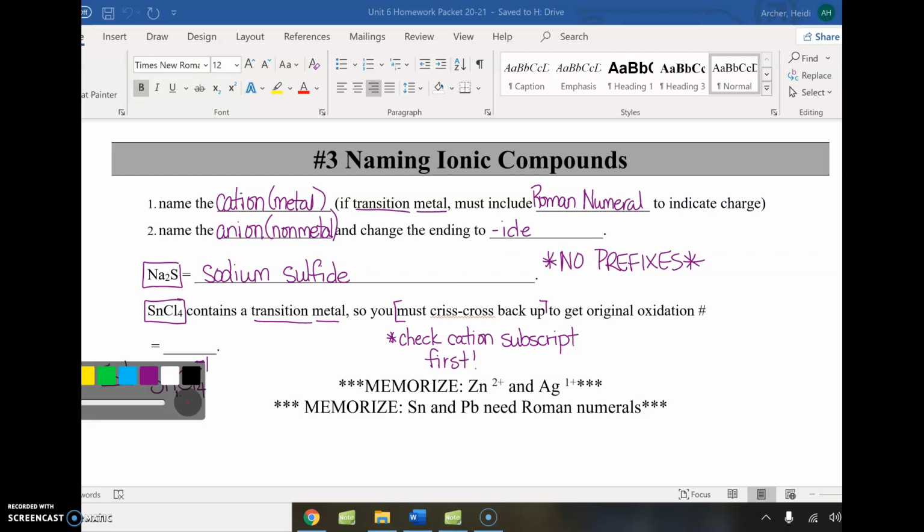As a result, since the 1 and the 1 match, I know that the 4 came from here. So tin has a +4 oxidation state. It's a charge 4. So we would write the name as tin(IV) chloride.